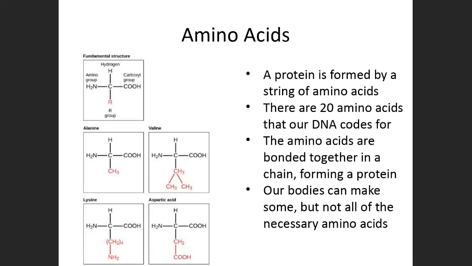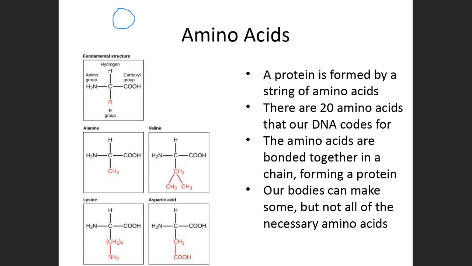So what is a protein? When we're talking about proteins, it's a little more complex of a molecule than water or carbohydrates or lipids. It's got more in it than just carbon, hydrogen, oxygen, or even a little phosphate group like a phospholipid. A protein is formed by a bunch of little molecules put together, and those little molecules are amino acids.